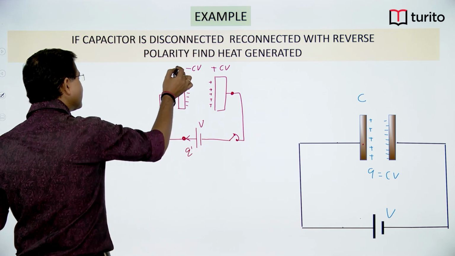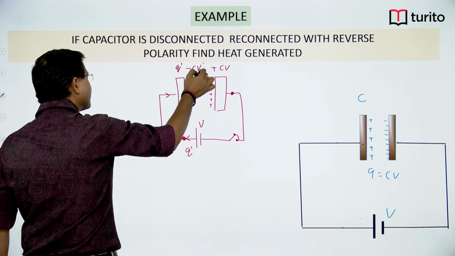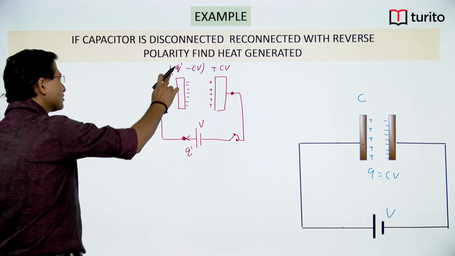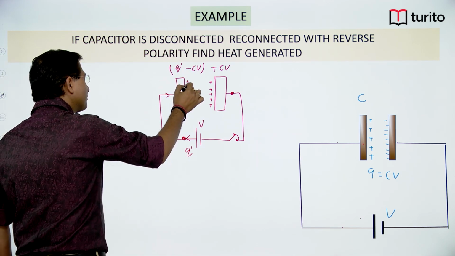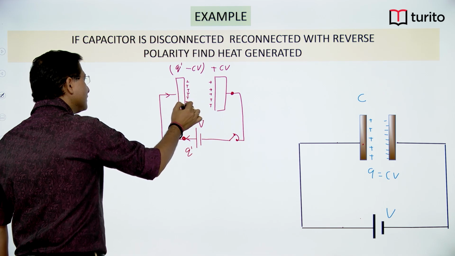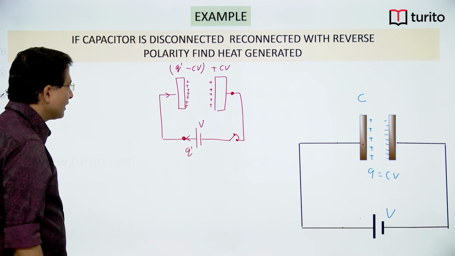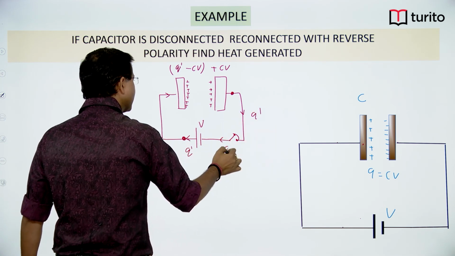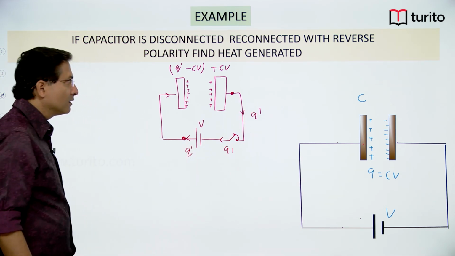So, if this charge reaches here, then the charge on this terminal will become Q dash minus CV. As I am assuming this to be greater than this one, this will become plus, right. And similarly, the battery must receive the same charge, Q dash will flow out, right.